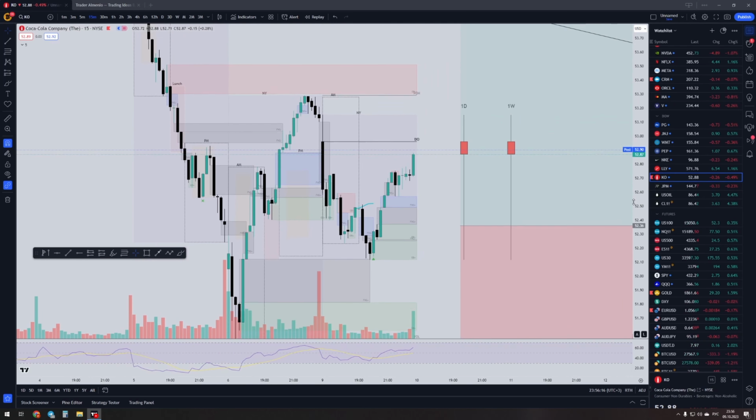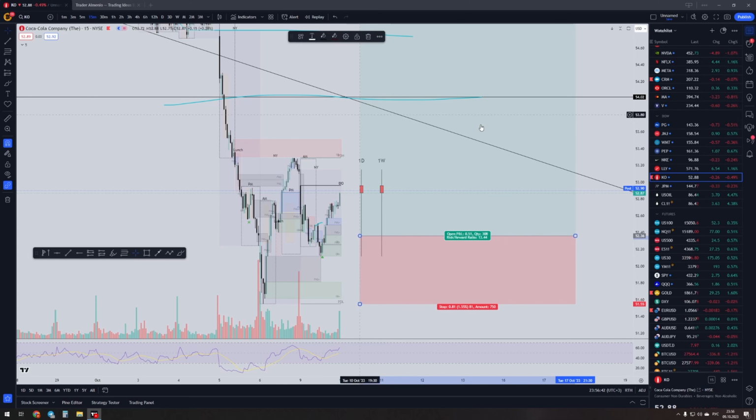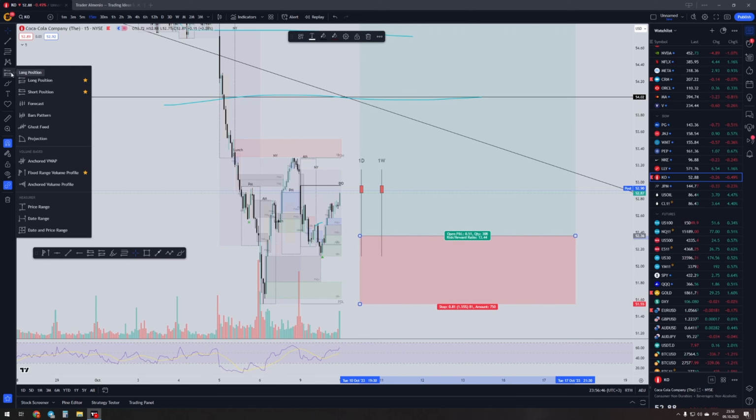You can also play with settings, like lot size, your account size, your risk percentage, entry price, etc. Then what else? I don't use any other stuff.